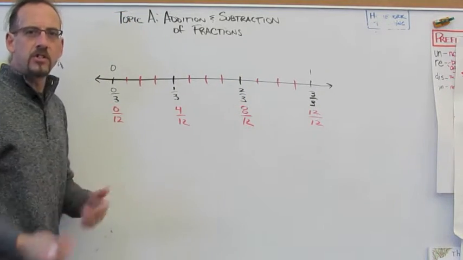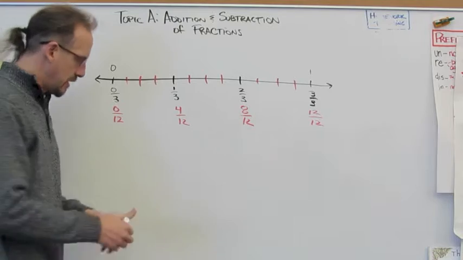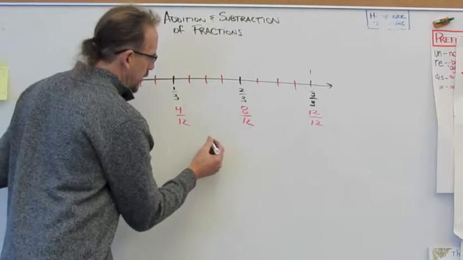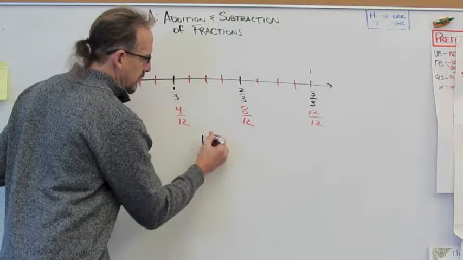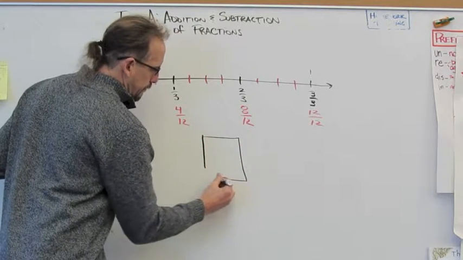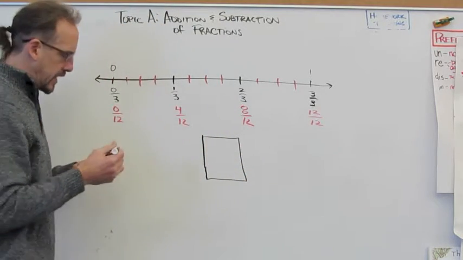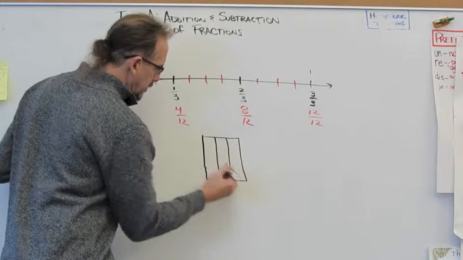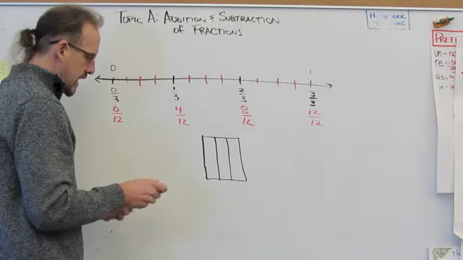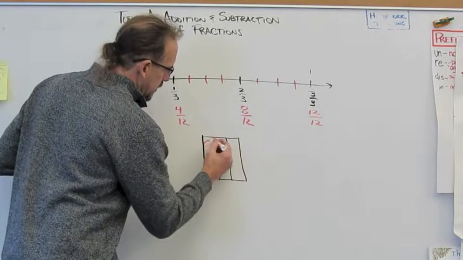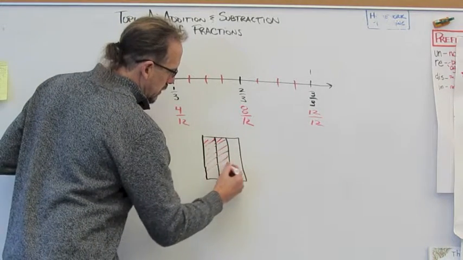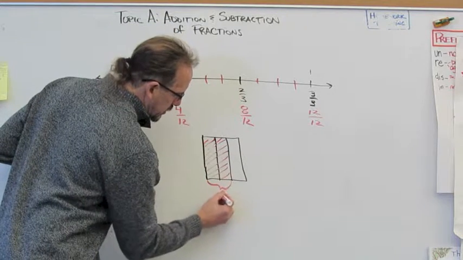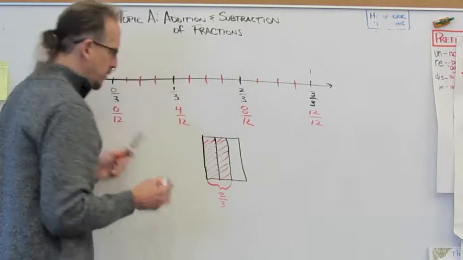And that's the relationship that we're trying to help kids understand. We show it to them another way, too. We show it to them with an area model. It would look like this. We'd start with a rectangle, and we would divide it into thirds like this. And then I would shade the 2/3. And this represents the 2/3.